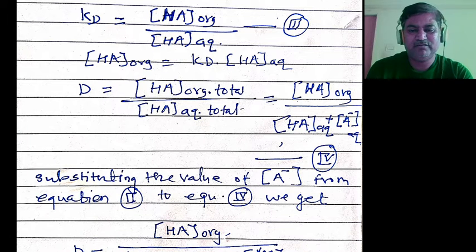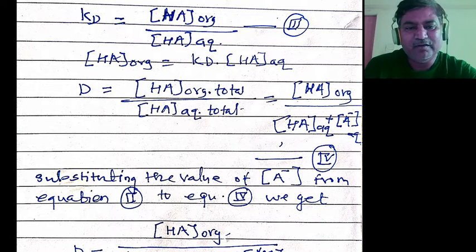Now we have to substitute the value of A minus from equation second into equation fourth. From equation second the value of A minus is calculated, and this value of A minus is put into equation fourth. Is that right?